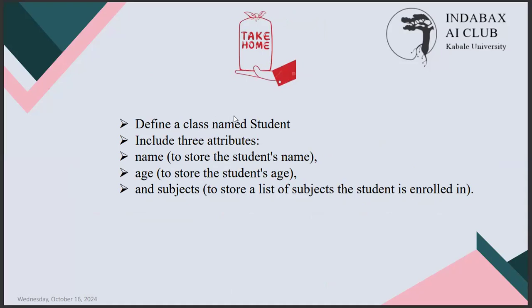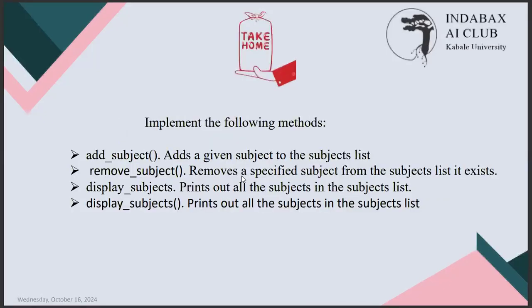So this is your take home. You create a class named student. Yeah, because you can see there are a lot of students at CAB, but we just want to create a class student. And then we create different objects for every student. Then it should have three attributes: name, age, and the subjects. Then you implement the following methods: add subject, which adds a given subject to the subjects list.